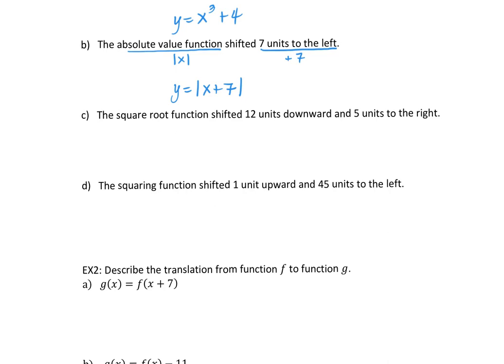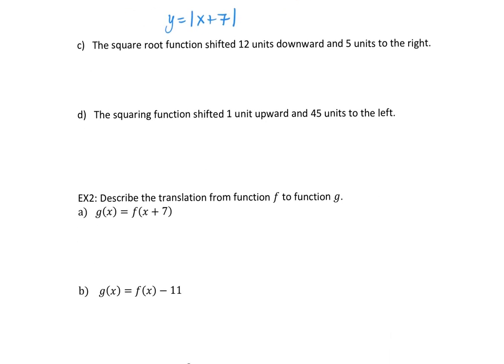And another one. Part C, the square root function shifted 12 units downward and 5 units to the right. So there's actually 2 translations going on here. We're starting out with our square root function, which is simply the square root of x. 12 units downward, up, down is you're changing the y value, so downward is a minus 12.